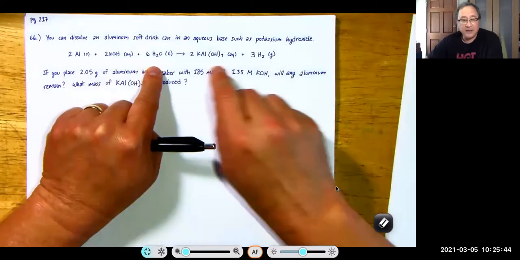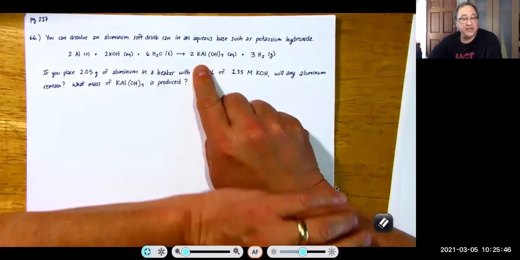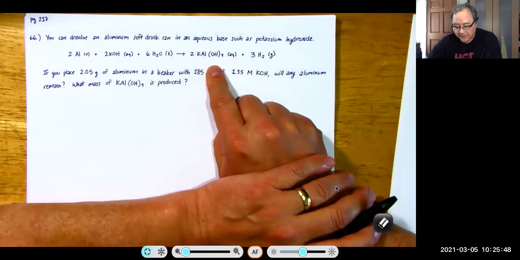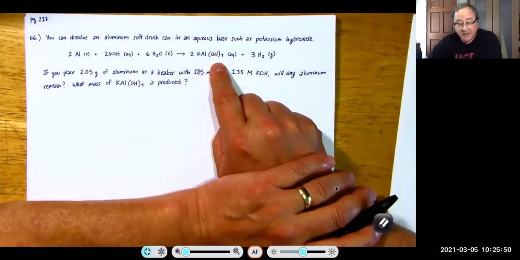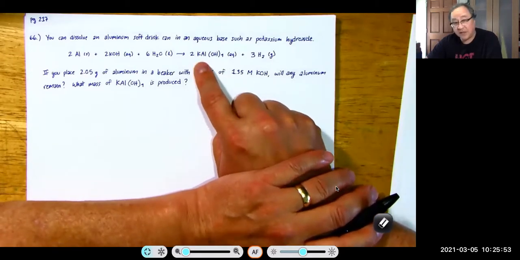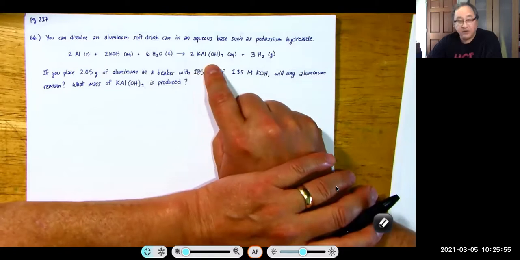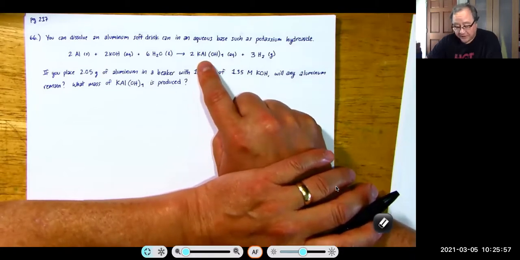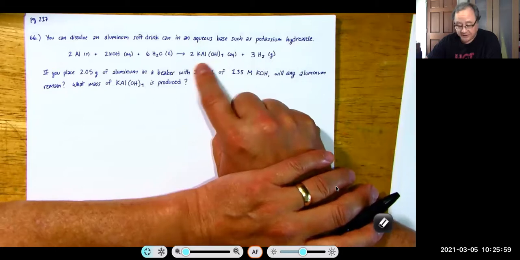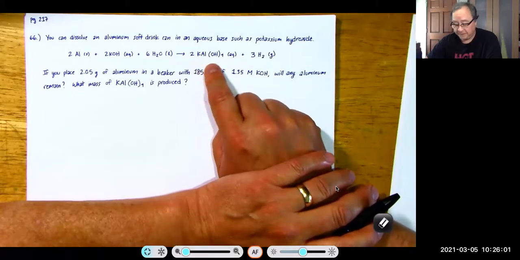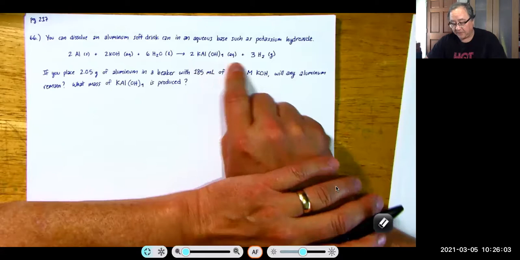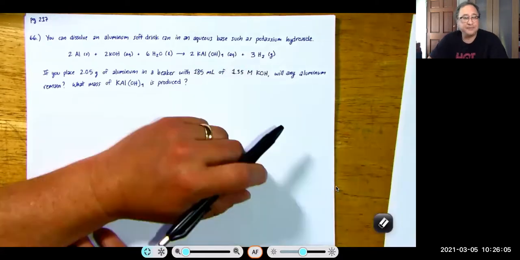And you get this potassium aluminum hydroxide. The reason there are 4 hydroxides is because the potassium has a +1 charge, and that's for 1 hydroxide, and the aluminum has a +3 charge, and that's for 3 hydroxides. So that's why the formula is KAl(OH)4.